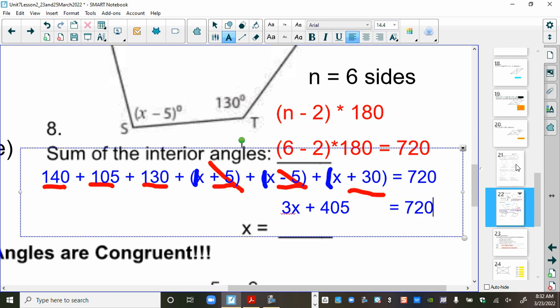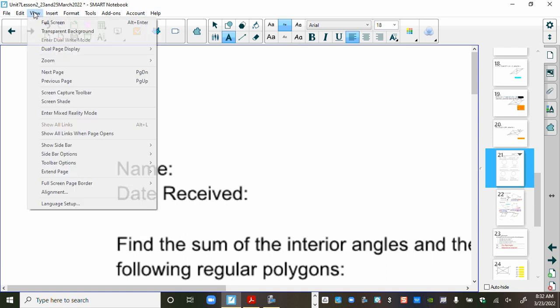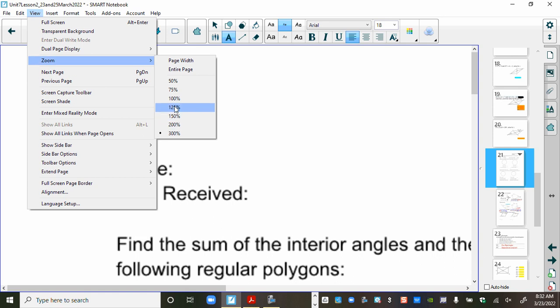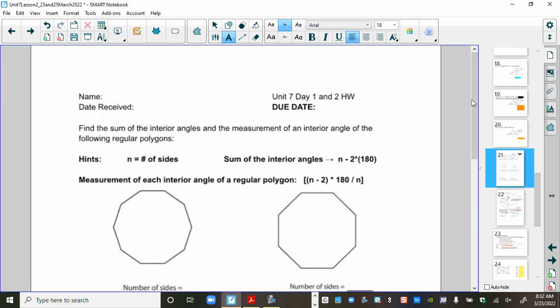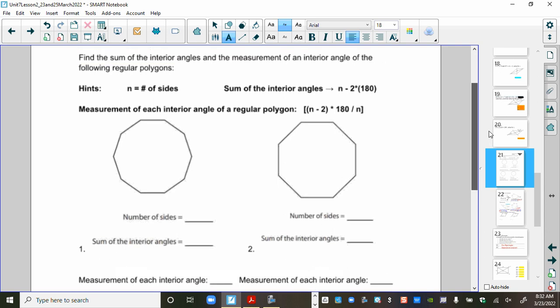More than likely, this is going to be the last homework assignment of the quarter. All right. Now, in the front real quick. I've already given you the information. Here's how you're going to make your life very easy.